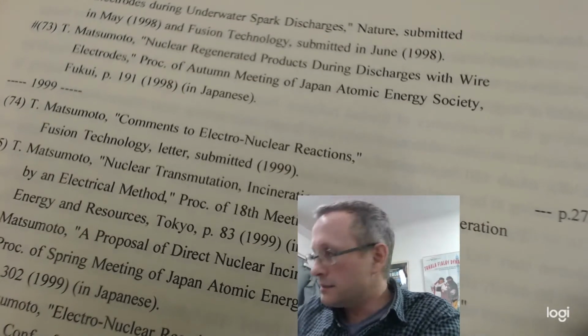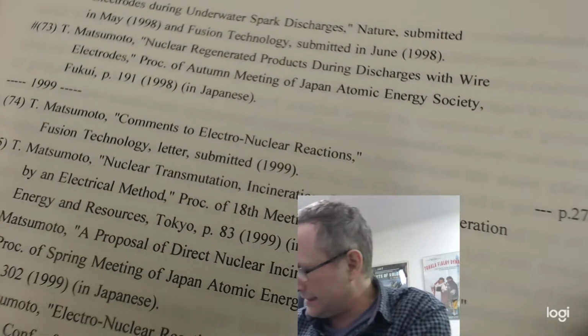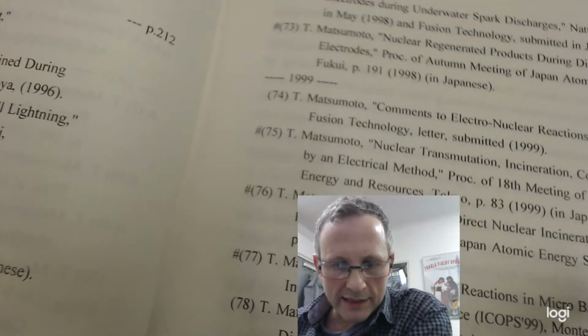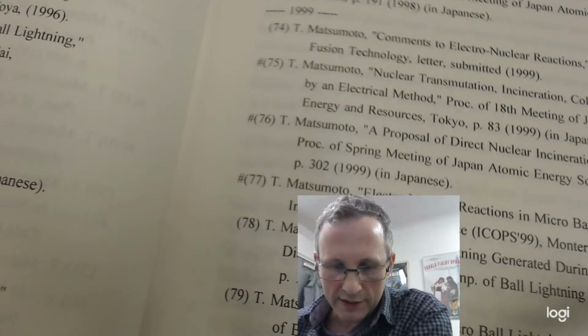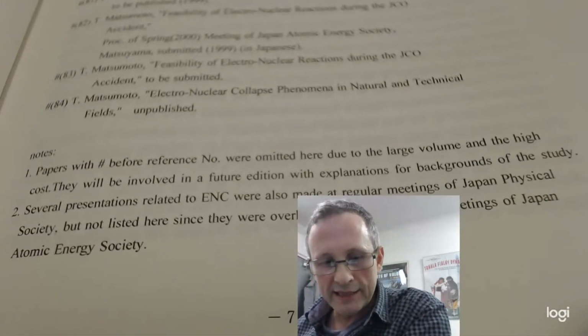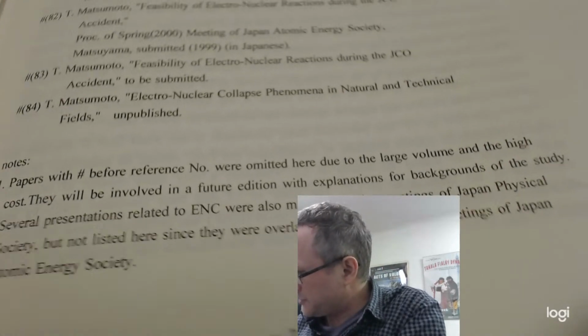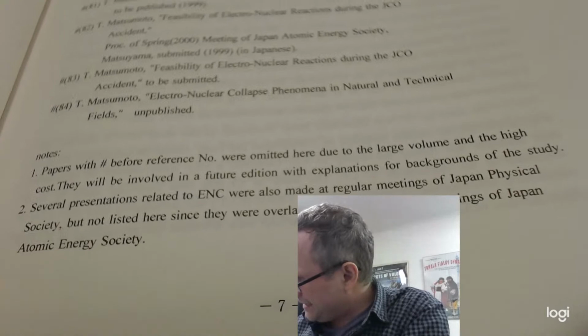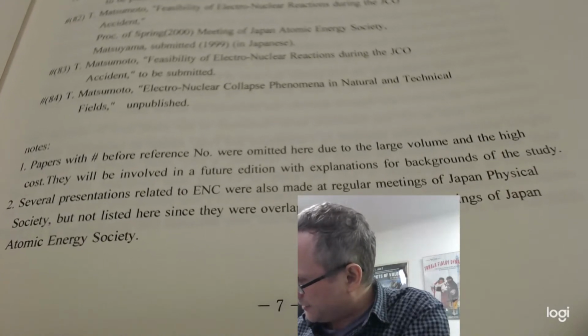I got a bit concerned, so I thought I would go back to the index and see if there's any kind of referencing in there. I don't know if you can see, but most of them have a hash by them. And down the bottom, I'll read this to you: papers with a hash before the reference were omitted here due to the large volume and the high cost.